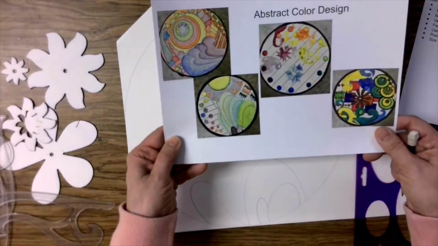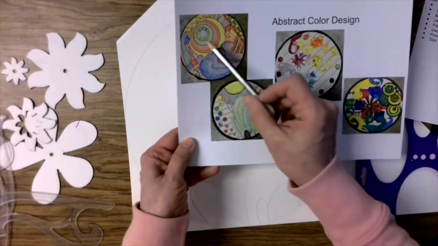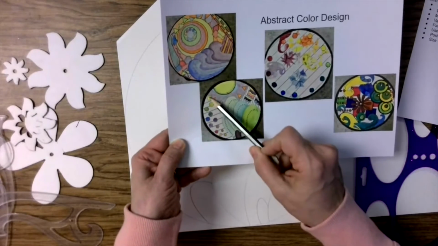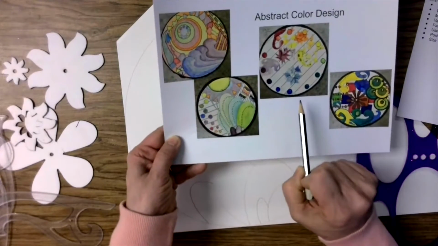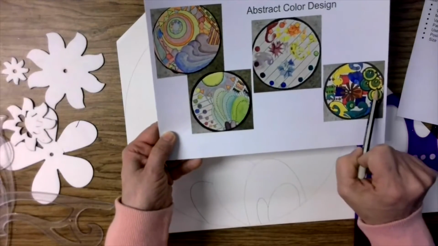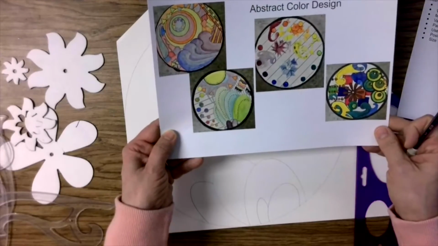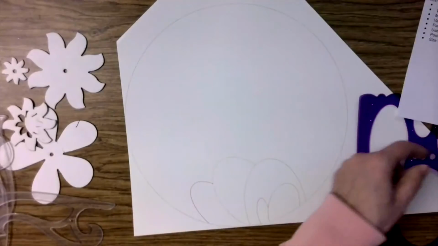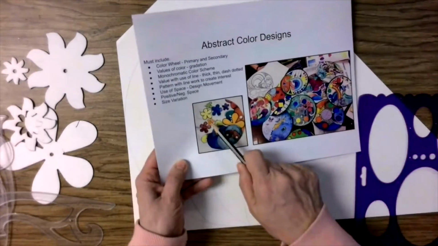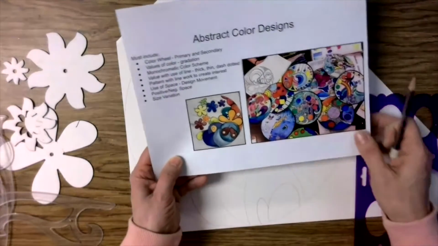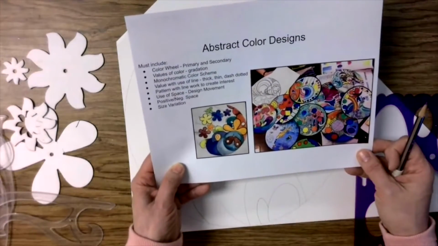There's some other options here. This one made it really small. This one goes up one side. This one went all the way around. This one didn't show up very well. So I think I like the negative space behind this, so my color wheel shows up. So I'm going to do something similar to that.